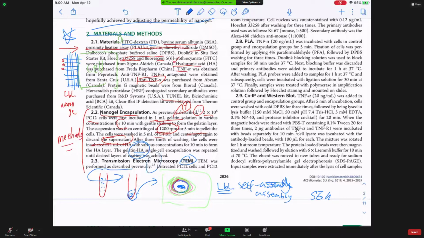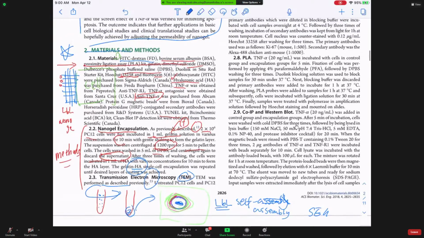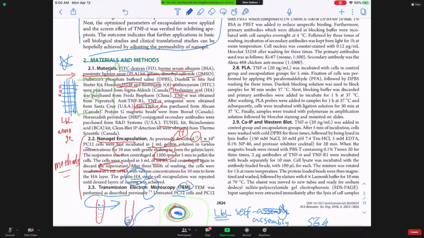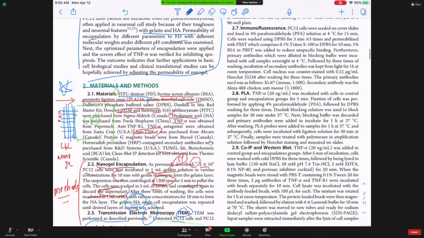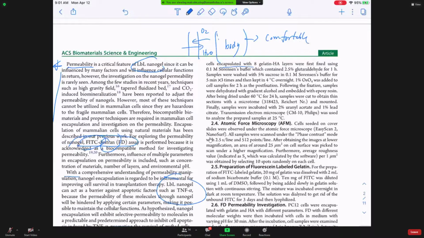TEM was as previously, that's from reference. So untreated PC12 cells and the PC12 cells encapsulated with 8 layers, that's 8 gelatin HA layers, were first fixed. That's the methodology. Glutaraldehyde, that's for 1 hour. Then we put a buffer on overnight, then that's the TEM methodology.